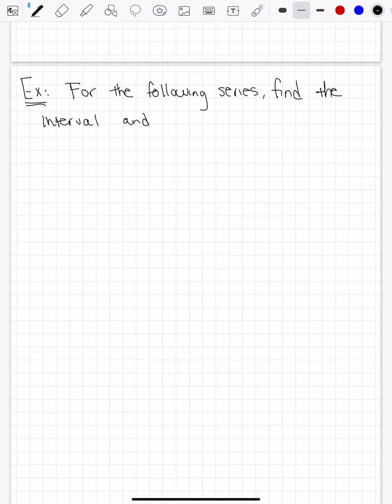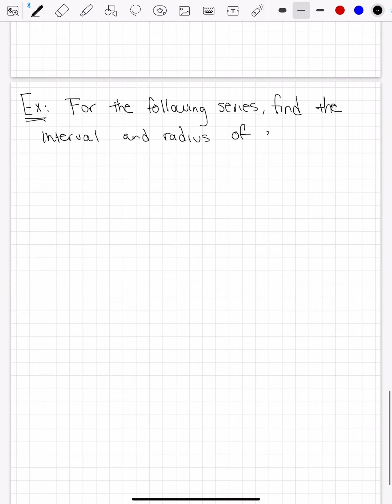So in this example, we're going to find, for the following series, the interval and radius of convergence.